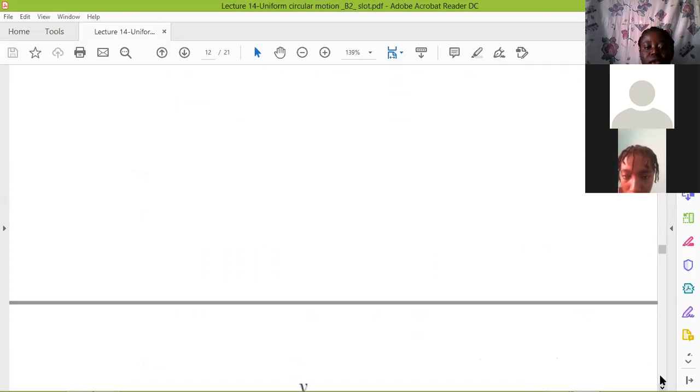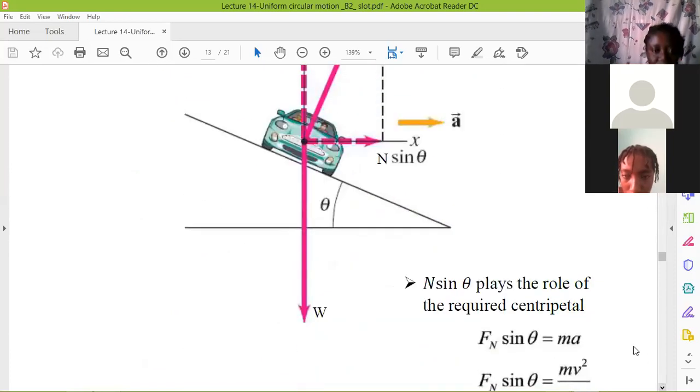If this is your object moving up on that, remember on the incline our object was like this with a surface. If this is the surface, we can say this is my x-axis and this is my y-axis.